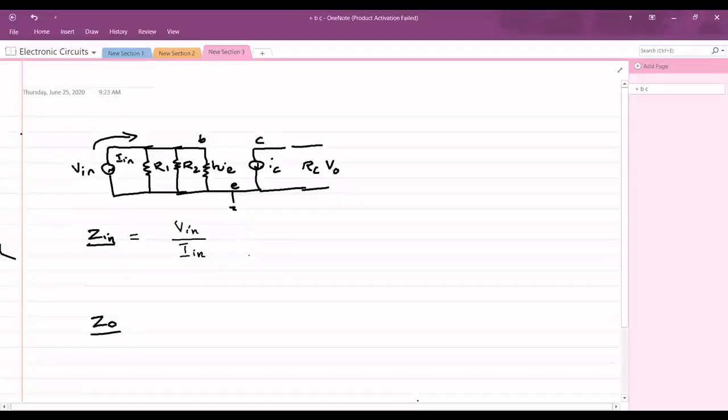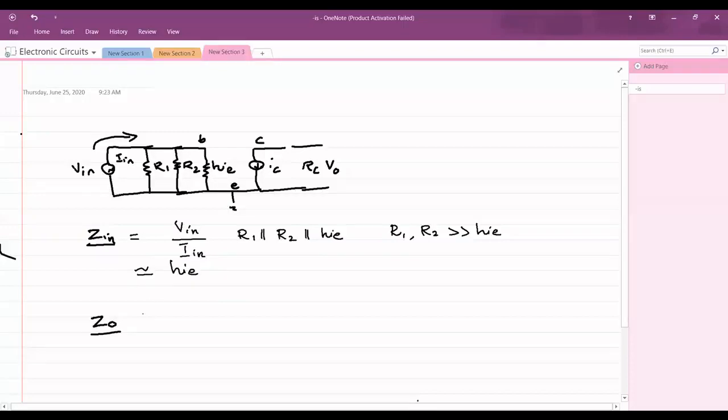Looking at the circuit diagram, we can see that R1 is parallel to R2, that is also parallel to the HIE, input impedance of the transistor. Now, from the design of a voltage divider biasing circuit, we have learned that the values of R1 and R2 are very much greater than HIE. Therefore, the input impedance will be approximately equal to HIE.